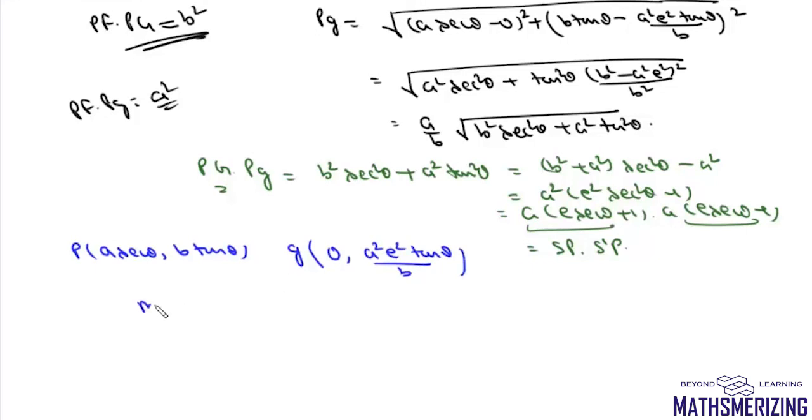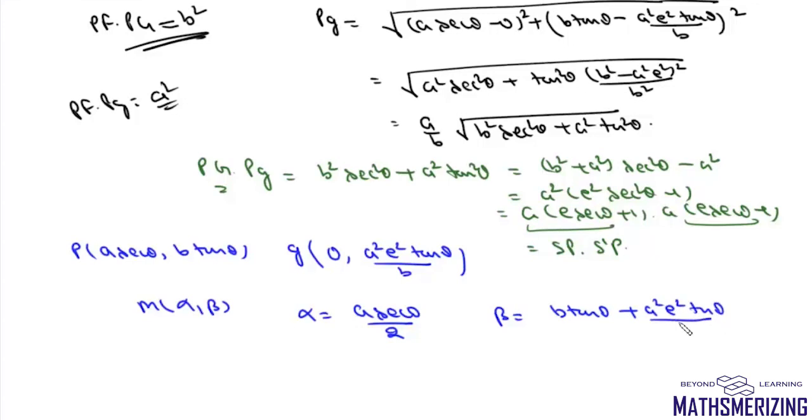So let this locus be alpha beta. Now we can write alpha as A secant theta by 2 and we'll get beta as B tan theta plus A square E square tan theta upon B whole divided by 2.